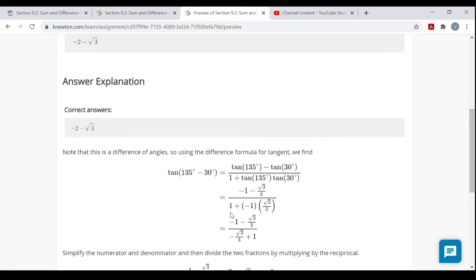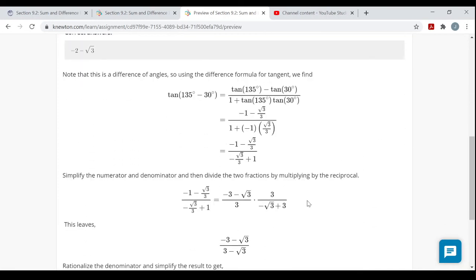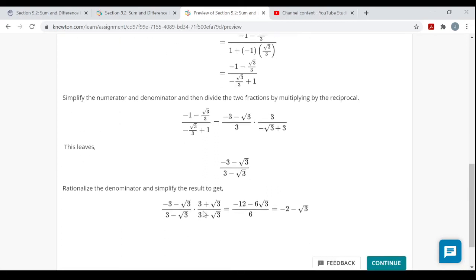And again, they go through the same formula. Yeah, see, they did that thing where they multiply the numerator and denominator by the conjugate and simplify. So I think they're expecting you to rationalize the denominator here.